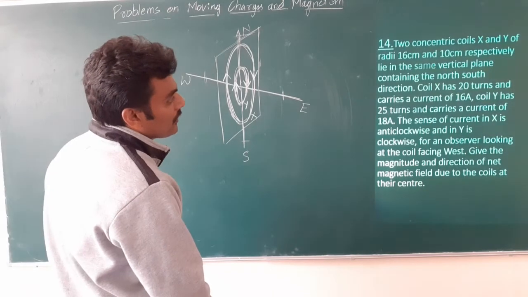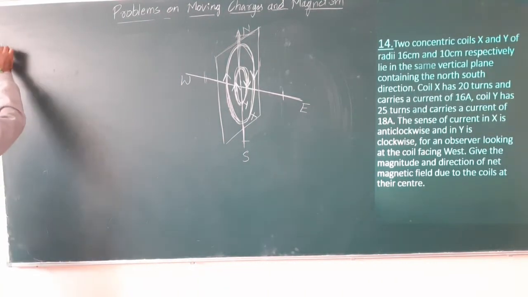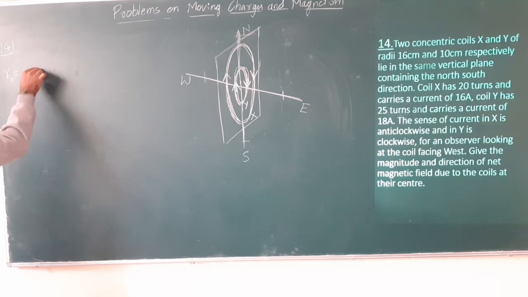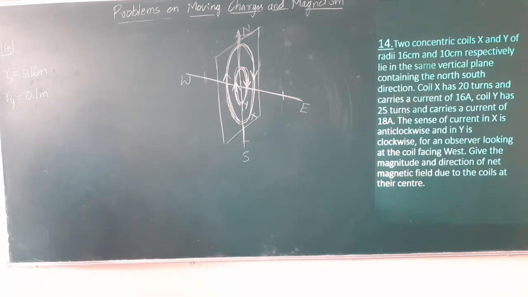Now let us move ahead and see the terms. Right, let me write the given data for this. Radius of coil X is 16 centimeter, 0.16 meter. Radius of coil Y is 10 centimeter, 0.1 meter. Same vertical plane. Coil X has 20 turns.